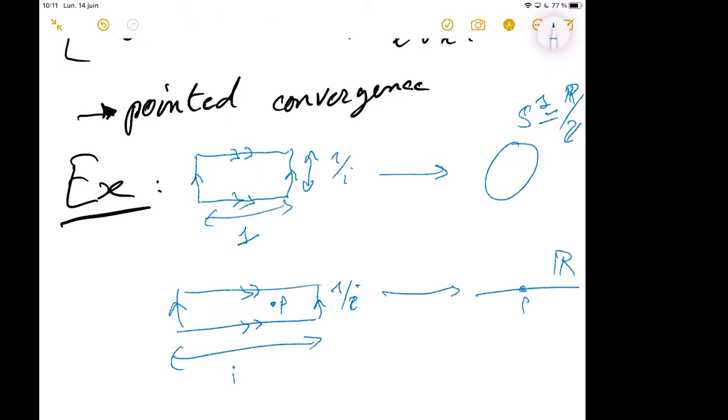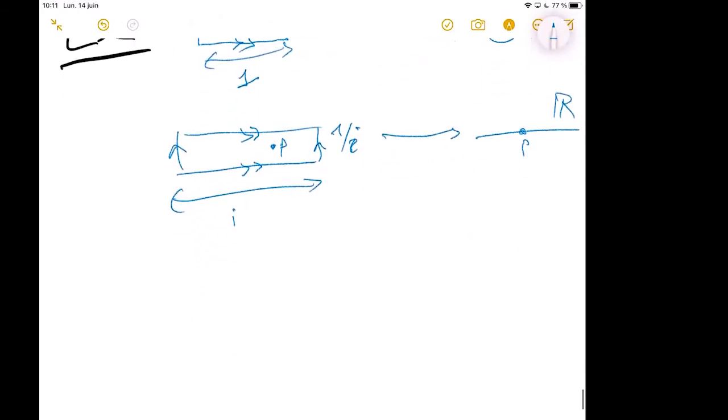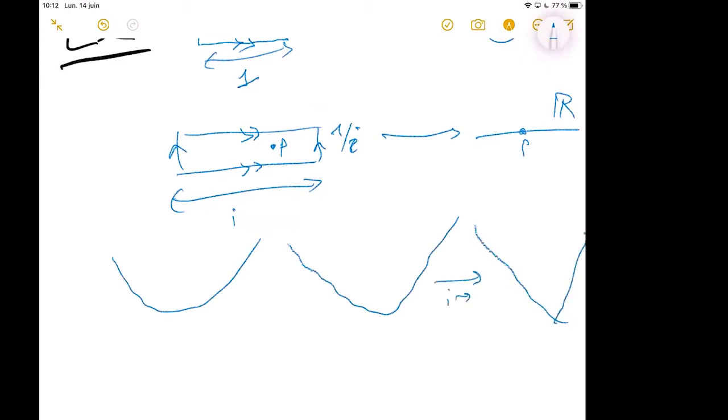Also, smoothing of the cones, so they converge to the pointy cone in Gromov Hausdorff sense.